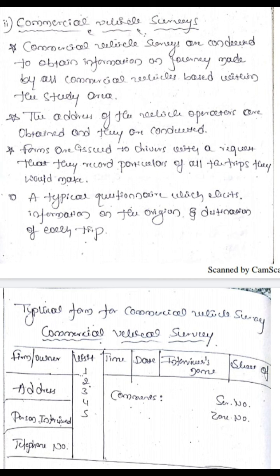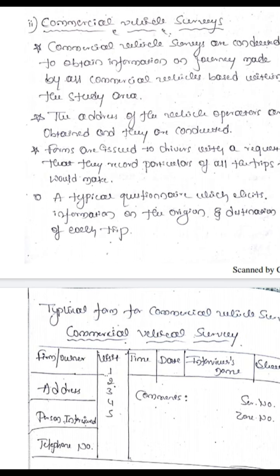Everything will be specified and entered by the commercial vehicle owners. So these are the types of forms that will be given to the commercial vehicle owners. So that's about the commercial vehicle survey.